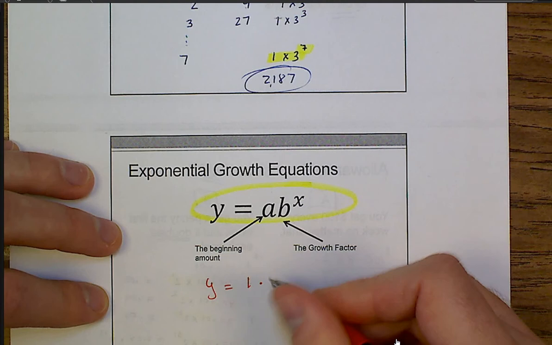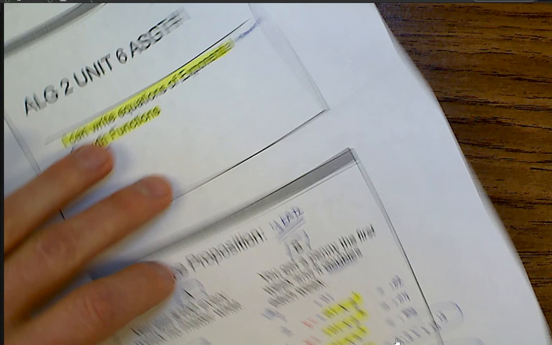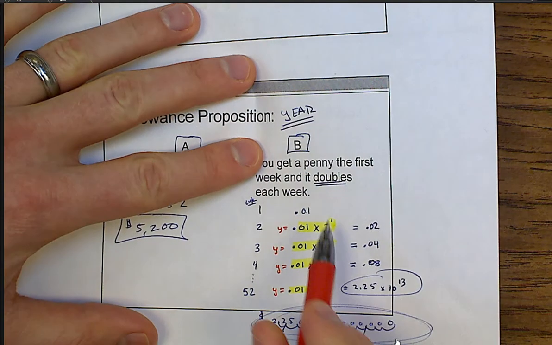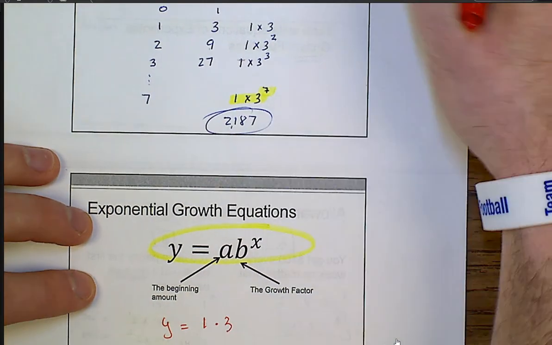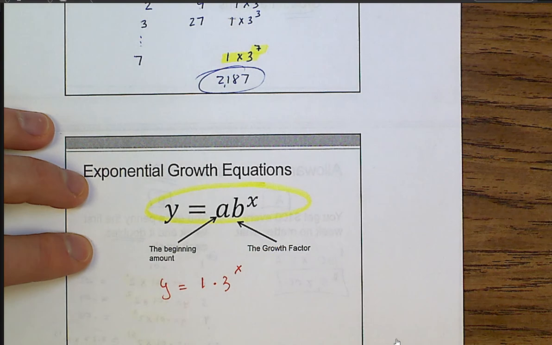The second number is the growth factor, whether it's tripling or doubling. If you go back to the first page and look at what I have highlighted, the second numbers are all 2's, because it was doubling. So your B value is the growth factor, which means what it's growing by, and then the X is just how many times that growth factor is exponentially increasing.